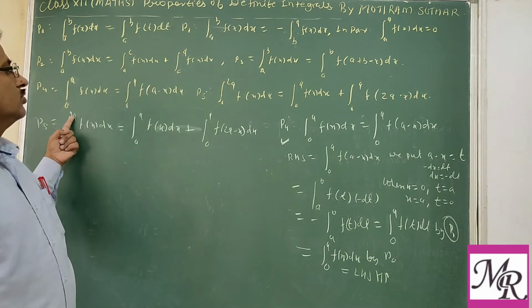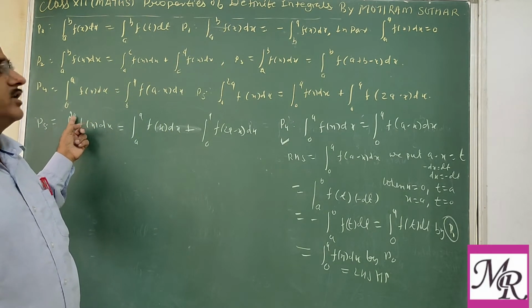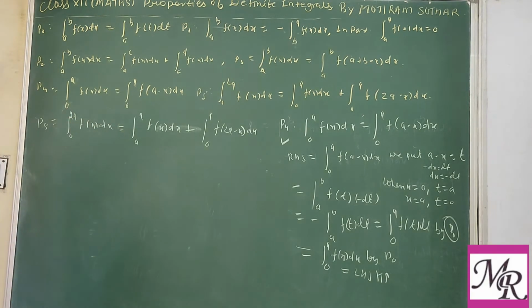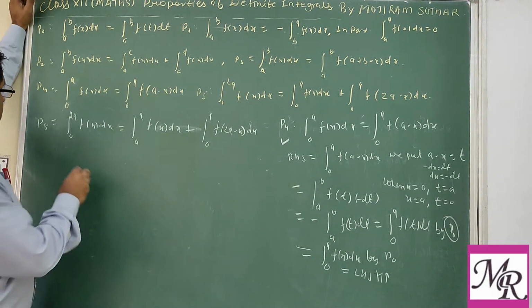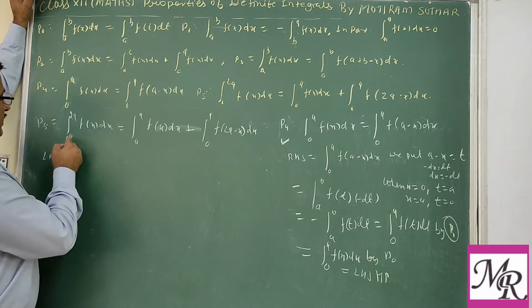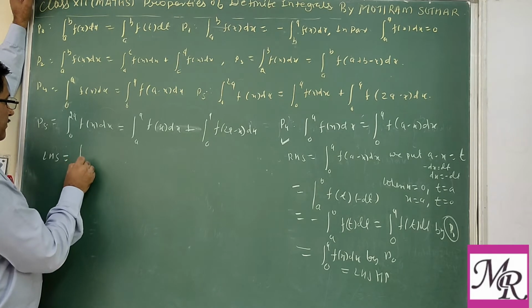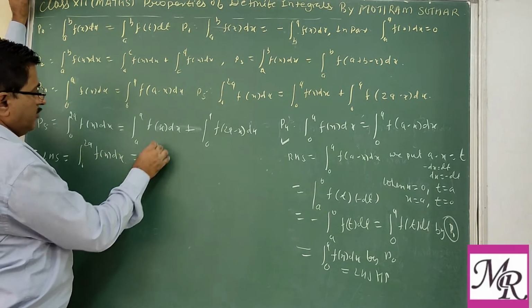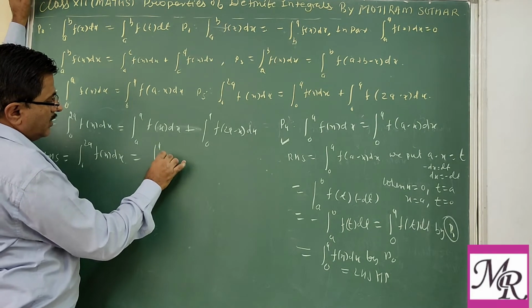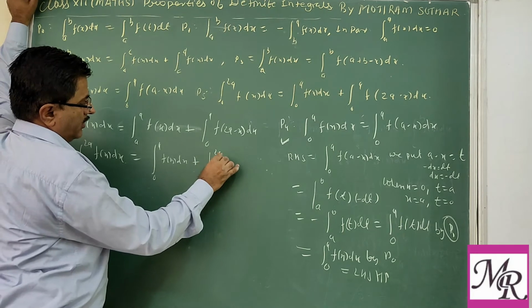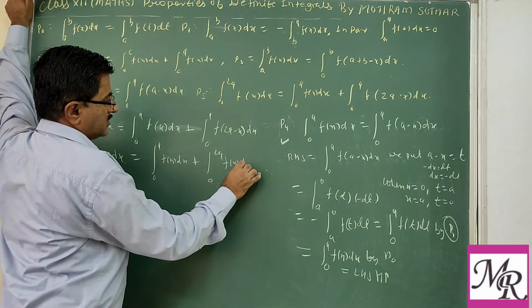So here 0 to 2a can be converted into 0 to a and a to 2a, in two parts. So you can say the left hand side, that is the integral from 0 to 2a of f(x) dx, can be written as the integral from 0 to a of f(x) dx plus the integral from a to 2a of f(x) dx.